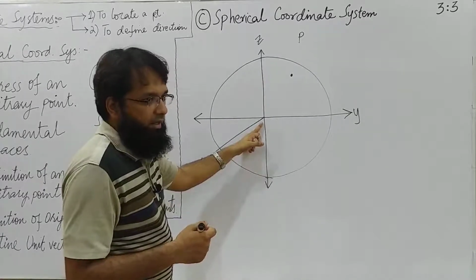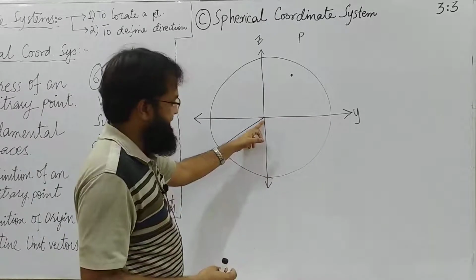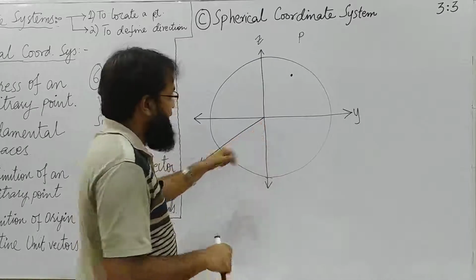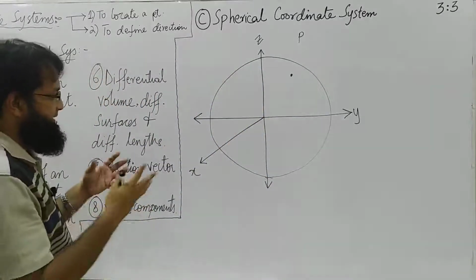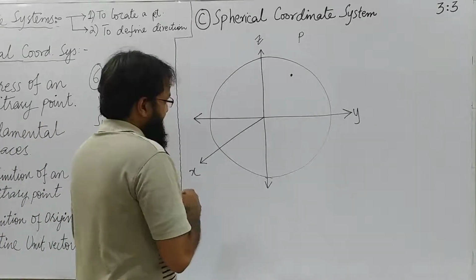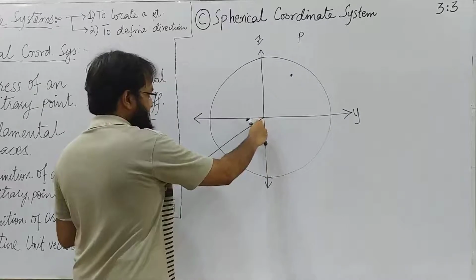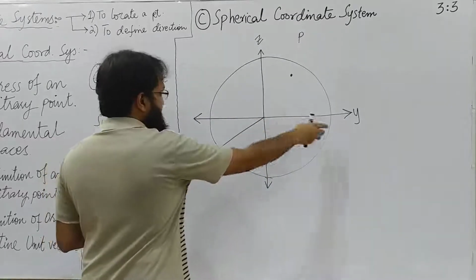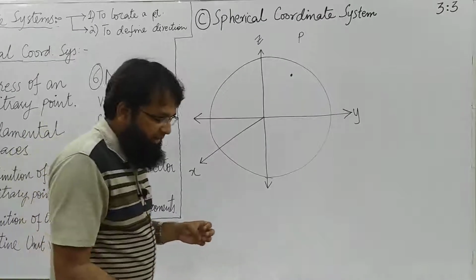Okay, so where should we establish the origin of that x, y, z axis? The most intelligent way is to establish the origin at the center of the sphere. This might look like a circle to you, but remember that this is a sphere. The point is on this sphere, and we have set the origin, where the values of x, y and z are all 0, at the center of the sphere. Why did we do that?